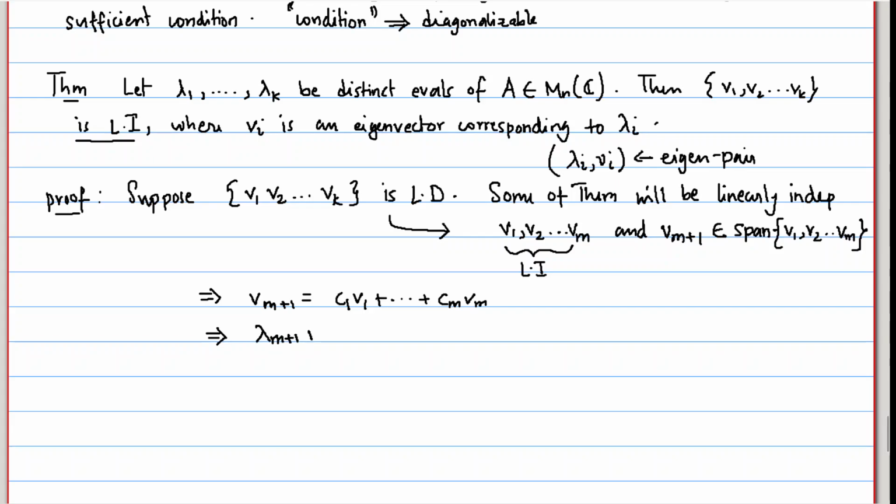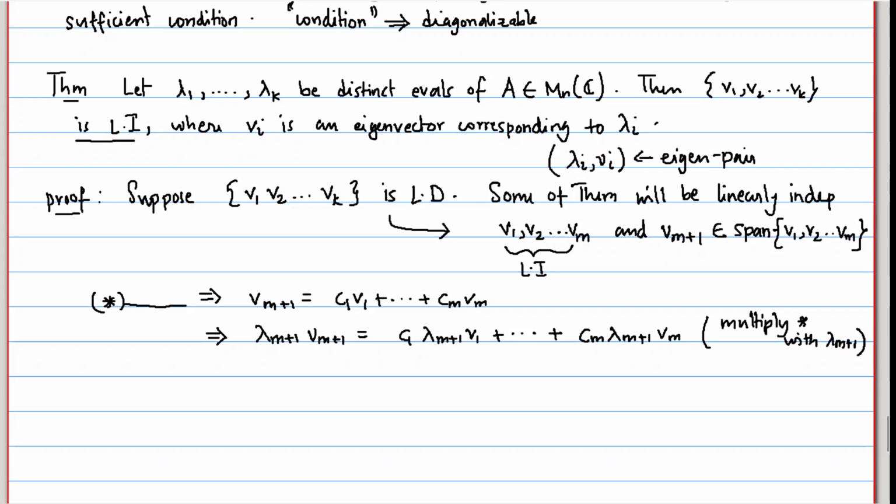Lambda m plus 1 Vm plus 1 equals C1 lambda m plus 1 times V1 and so on, up to Cm lambda m plus 1 Vm. This is on one hand. Let's call this equation star. So this is obtained by multiplying star with lambda m plus 1.